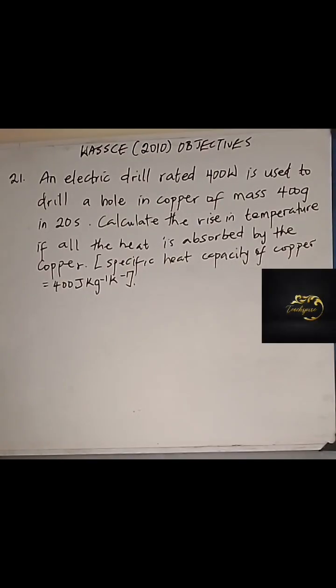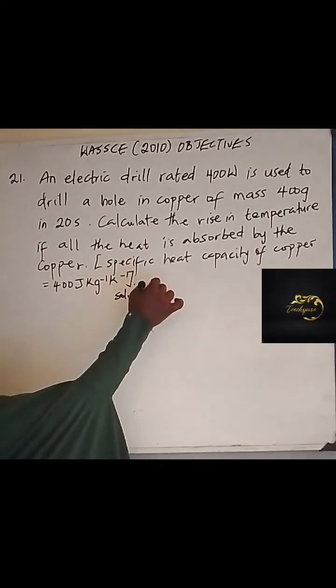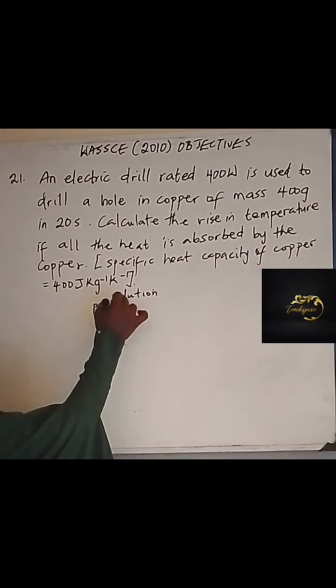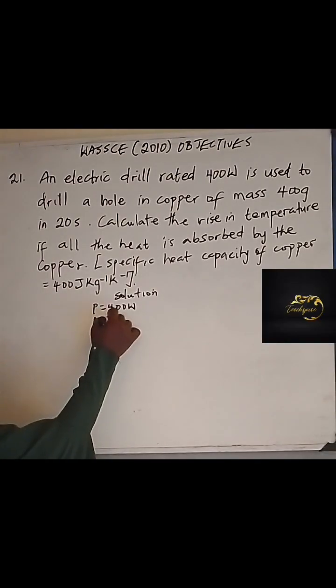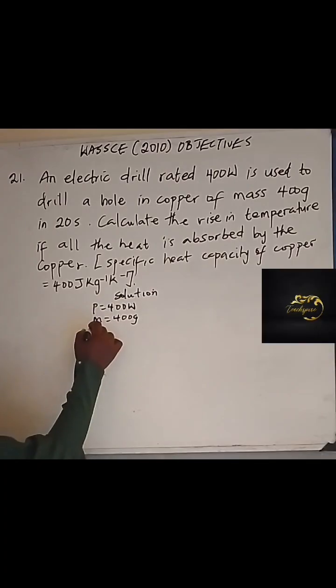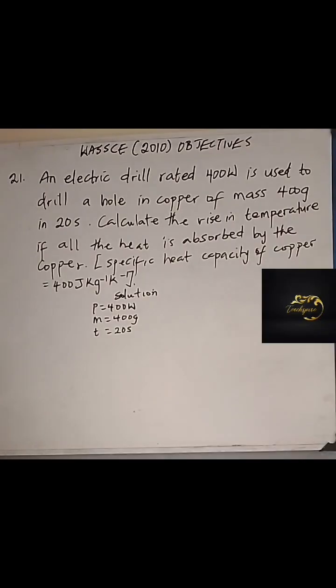An electric drill rated 400 watts, we are given power to be 400 watts, is used to drill a hole in a copper of mass 400 grams in 20 seconds. So we are given time. Calculate the rise in temperature.